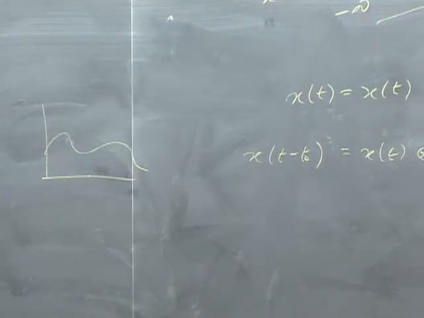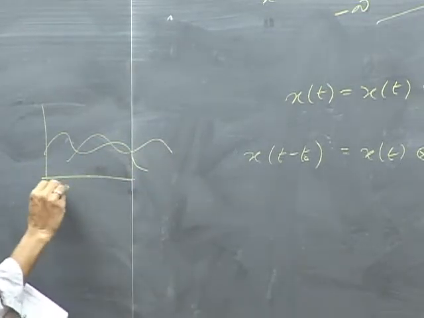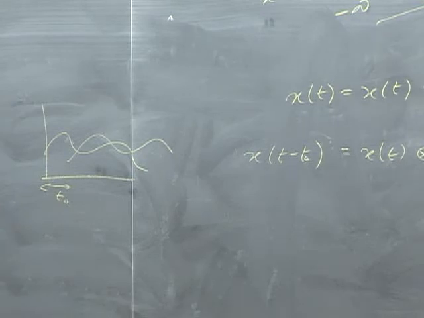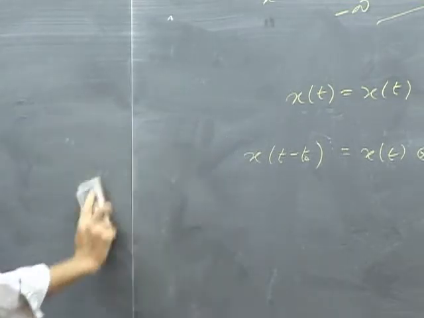We essentially get the same function, but moved in time by t naught to the right. I'm stating it as a fact, and if you want, you can look it up or prove it. Easy to do.